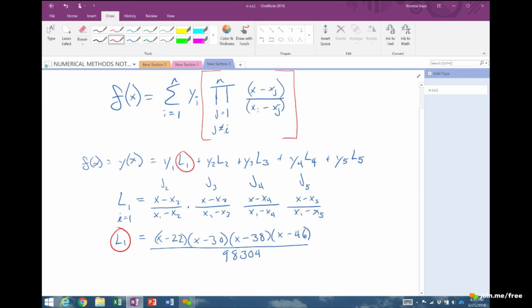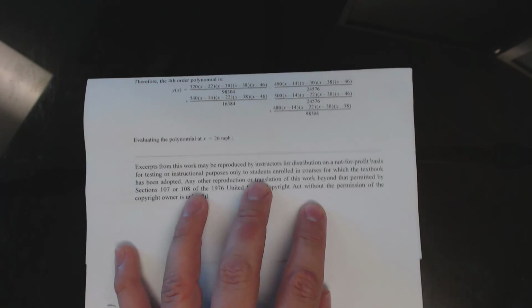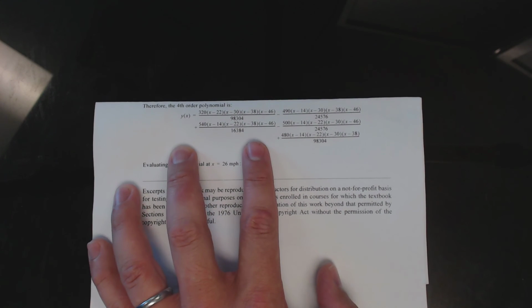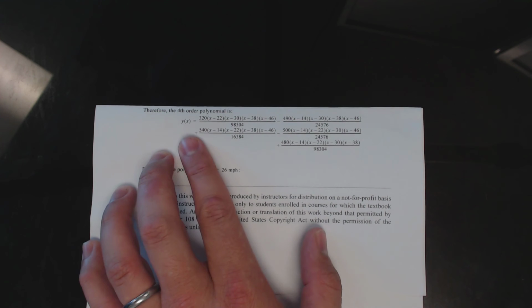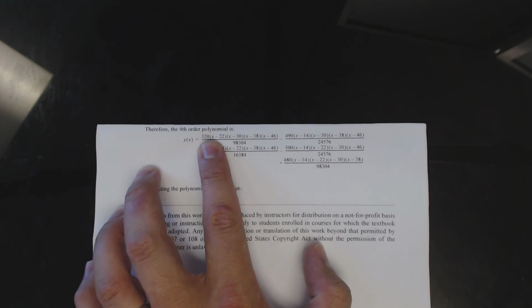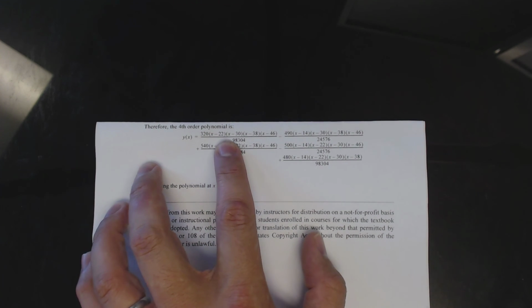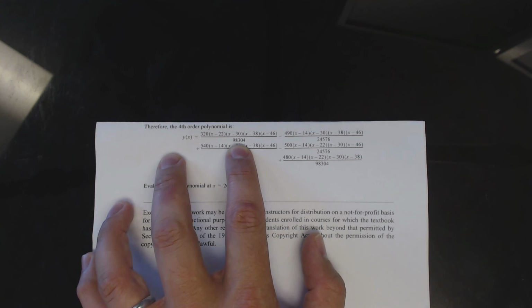So if we were going to look at this in its full form, that is what we're looking at. Notice it is the y1 coefficient multiplied by L1, which you just figured out. Remember, you recognize the denominator.